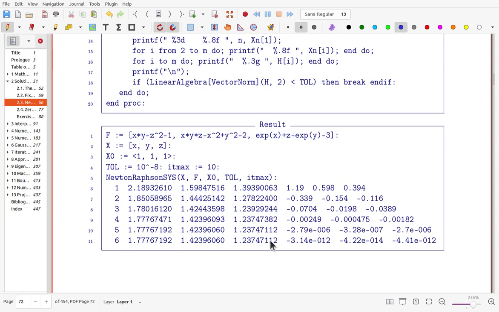Now, the first 3 are the updated approximation for the solution, and the second part is the correction vector, that is a kind of error, and as you can see here now is quadratic convergence, with 10 to minus 12 and order minus 6, and here order 3, and so on.